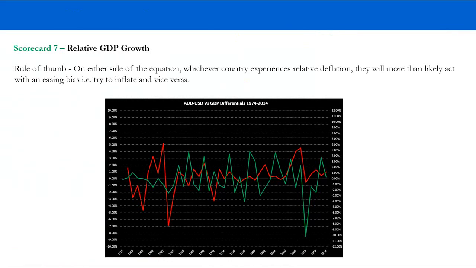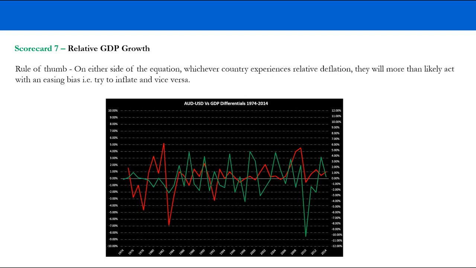So just a quick rule of thumb to summarize on the expectations and moves of our bias. The rule of thumb here is that on either side of the equation, whichever country experiences relative deflation, the central authorities are more than likely to act with an easing bias, so try to inflate, and vice versa.